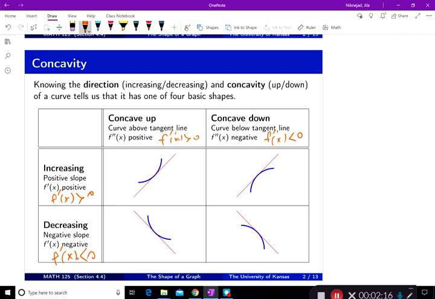So now let's match all these. Increasing and concave up. So increasing means you have to put an increasing piece of tangent line. Then concave up means that the function should sit above the tangent line. Increasing and concave down.